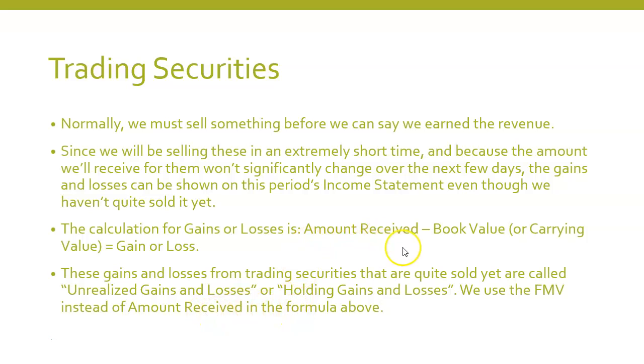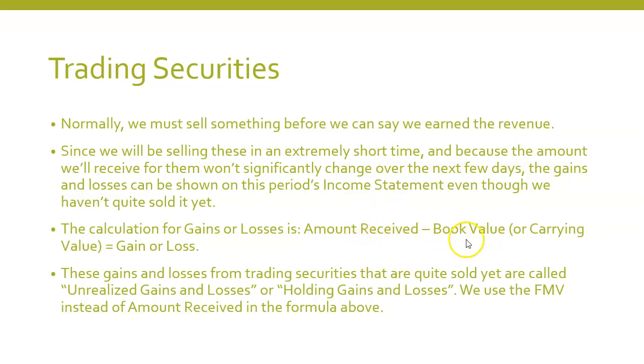So this is our normal formula. When we sell something, we say, well, how much did we receive for selling it? And we subtract out our book value, and that's our gain or loss on that thing. But now we haven't sold it yet. So instead of amount received, we're going to use the fair market value amount as our amount received.